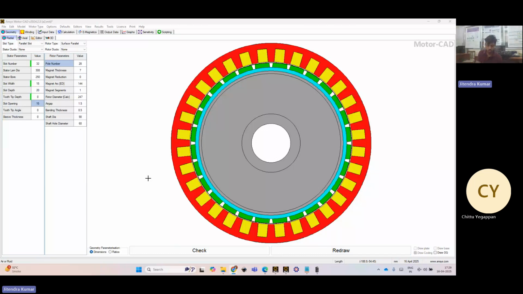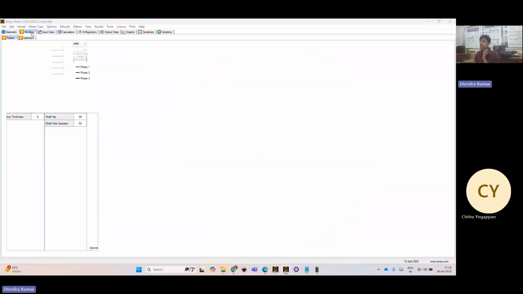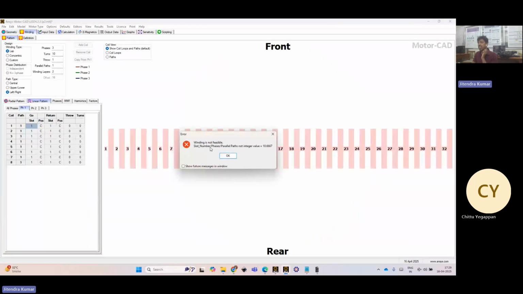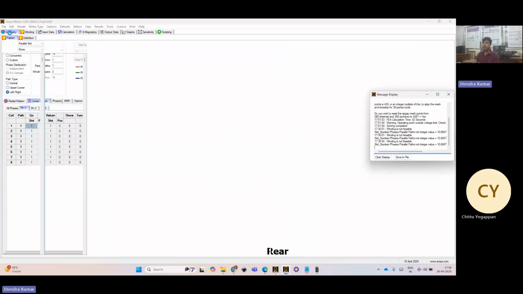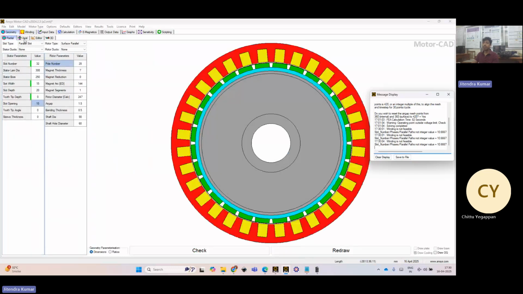Yes, sir. Okay. Here you can see I have kept the number of slots at 32. And it is showing that slots per phase per parallel path is not an integer. Why is this integer required?